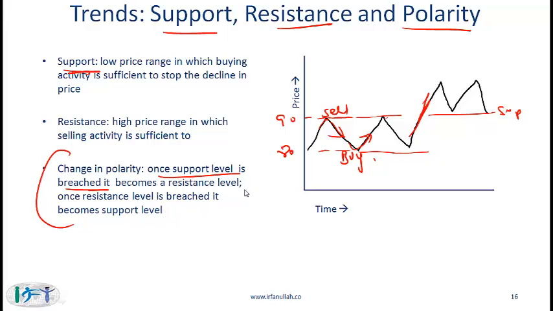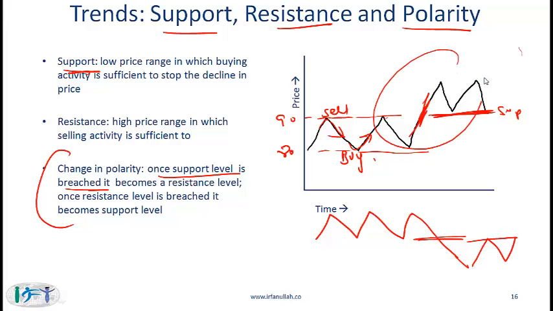Now actually what is happening over here is the resistance level has been breached and it is becoming a new support level, where we have the opposite situation where you have a stock that goes down in value. Here the support level is being breached and this might become the new resistance level. So both of these are examples of changes in polarity.